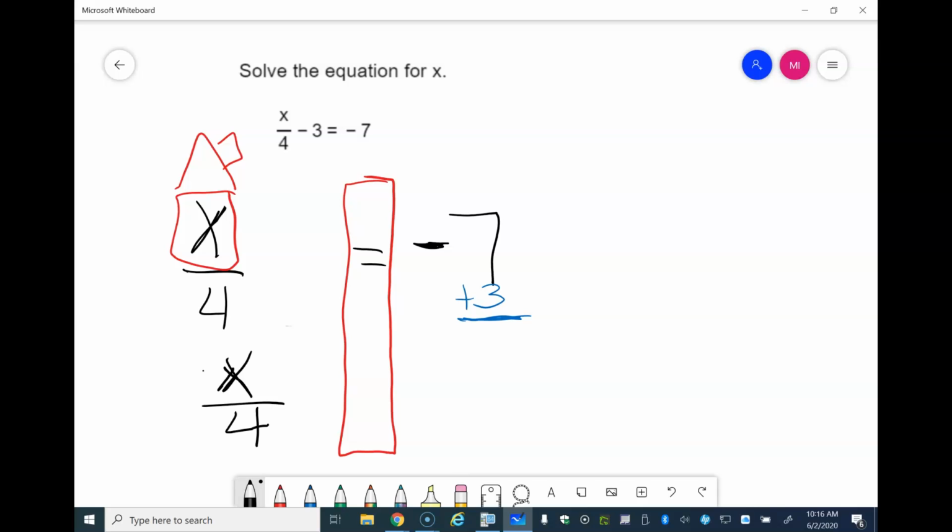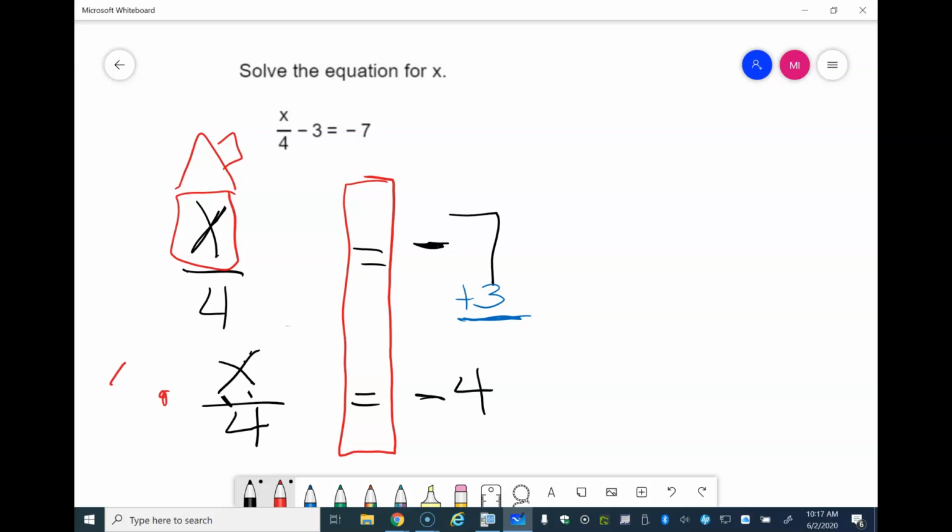We're going to drop this one down because we didn't do anything with it. And negative 7 plus 3 is going to give us a negative 4. So now, because this 4 is being divided by, we're going to do the opposite to remove it.